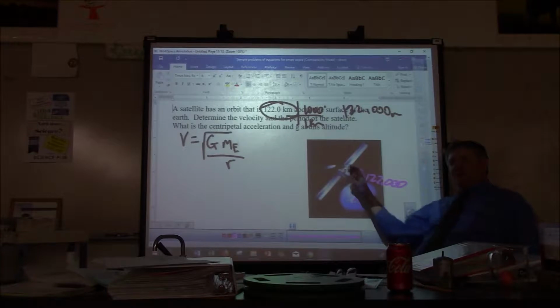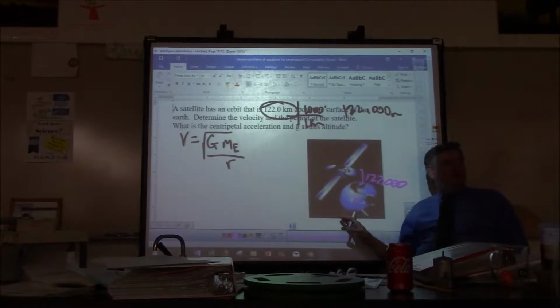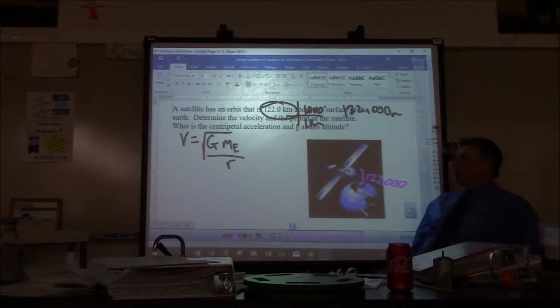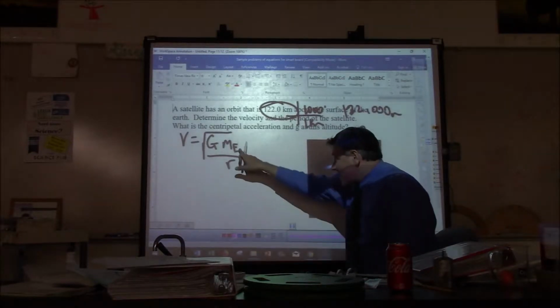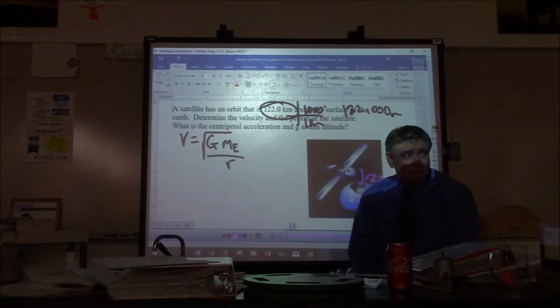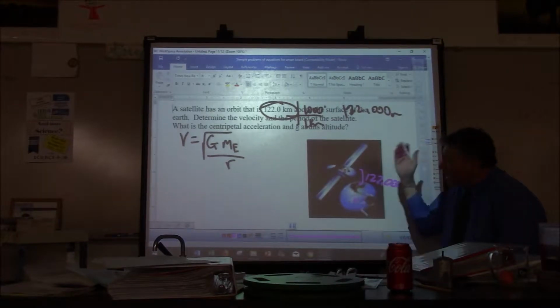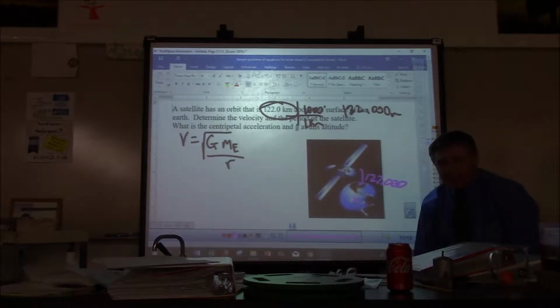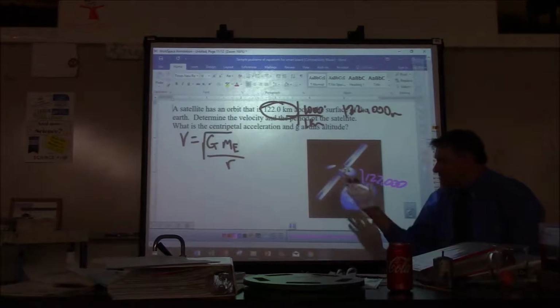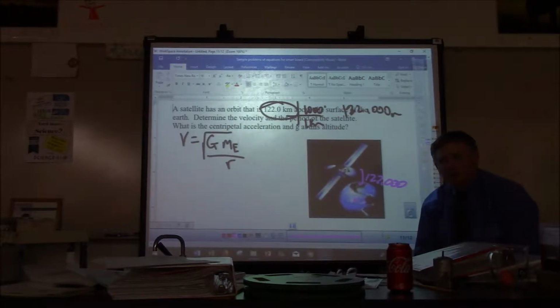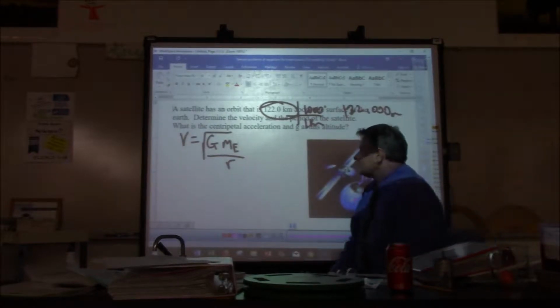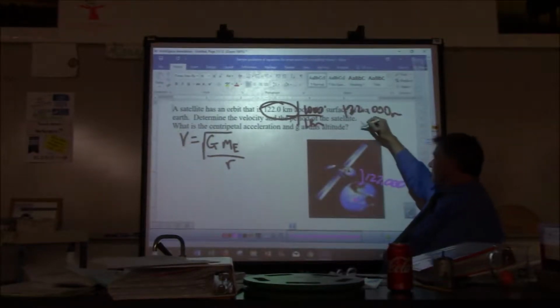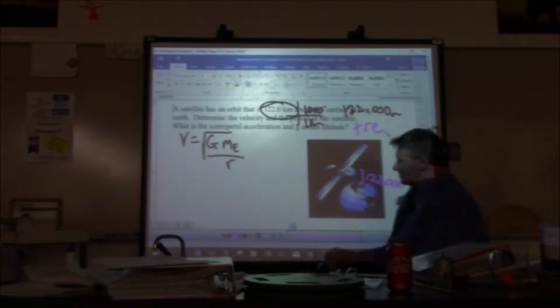Because we treat both of these as a point mass. Now, is this mass the mass of the satellite? No. Why am I never going to give you the mass of the satellite? Because it doesn't matter. If I double the mass of the satellite, what does that do to the velocity? Nothing. Absolutely nothing. So somebody take 122,000 and add that to the radius of the Earth.